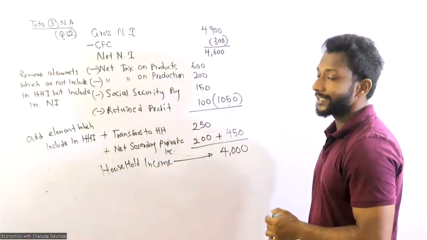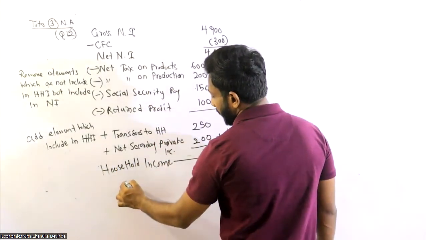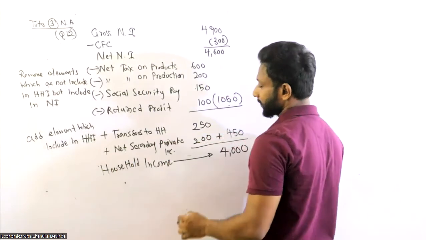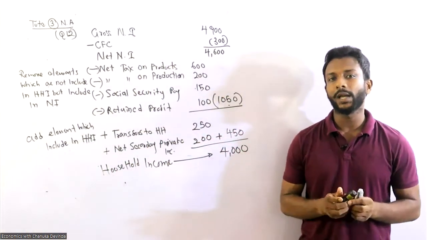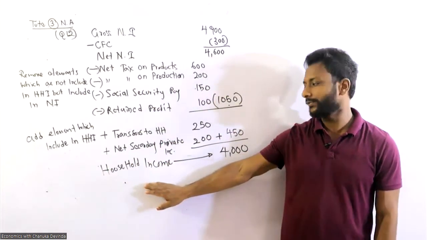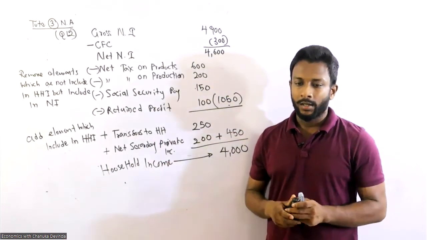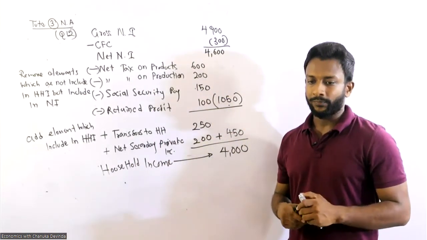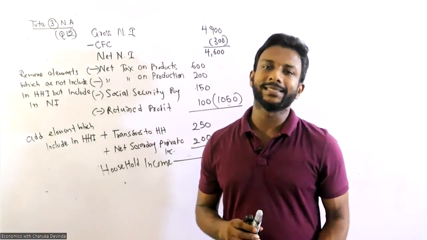If they ask disposable household income, you need to remove personal income tax, but they are not asking me. If they ask disposable household income, just remove the personal income tax from household income, right? Easy neither. But time consuming, but it is easy.